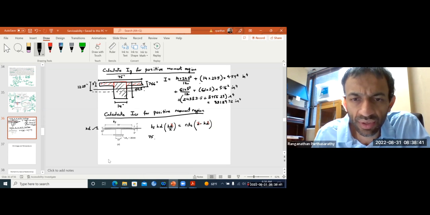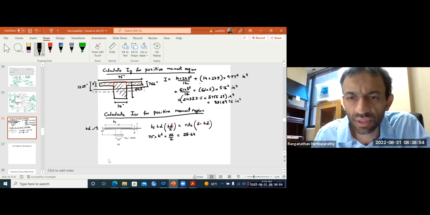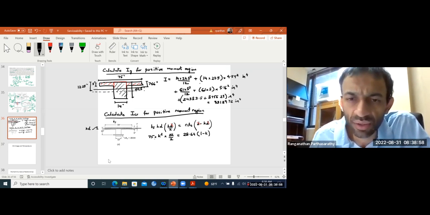Now, b_f is 75, times K squared times d, d is 22 over 2. This is 28.64 times (1 minus K). So you have your quadratic here.